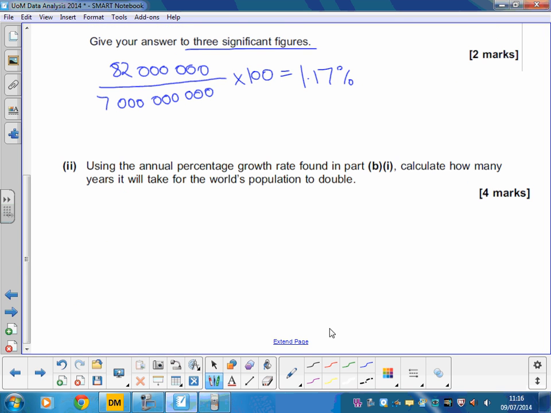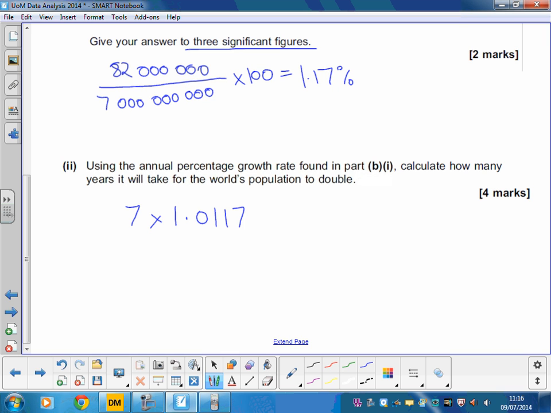Okay. Now we're going to use our answer from B part 1, and we're going to find how many years it will take for the world's population to double. So what we're going to do with this one is we're going to say the world's population is currently 7 billion. If you took 7 billion and we want a growth rate of 1.17%, so that's 100 and 1.17%.